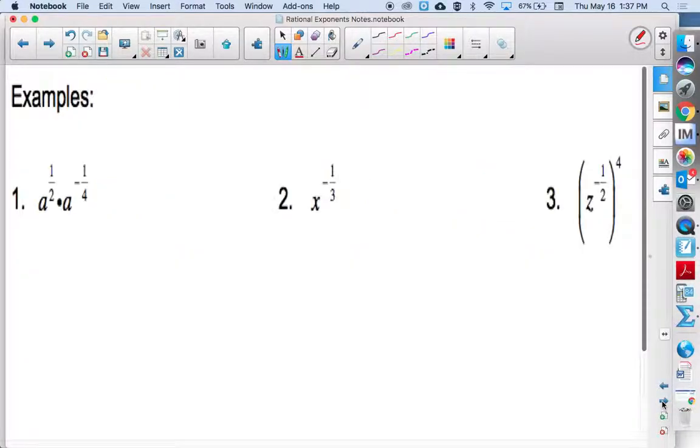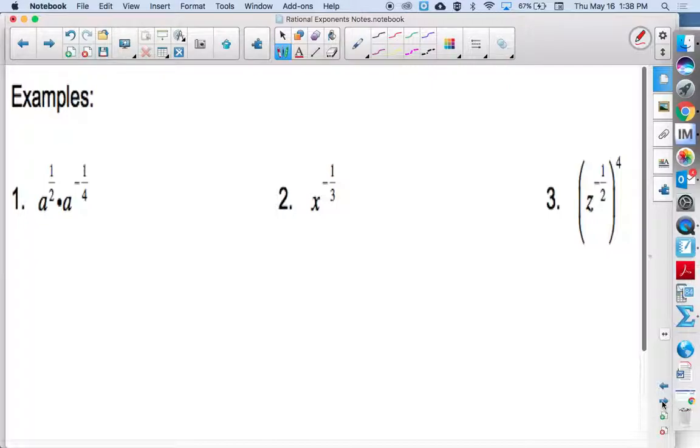But if you notice, we're doing rational exponents, which means they're fractions. So we're not looking at having a squared and a cubed and adding the exponents. Instead, we have a to the 1/2 and a to the negative 1/4. So how would you add those exponents together? Chelsea?